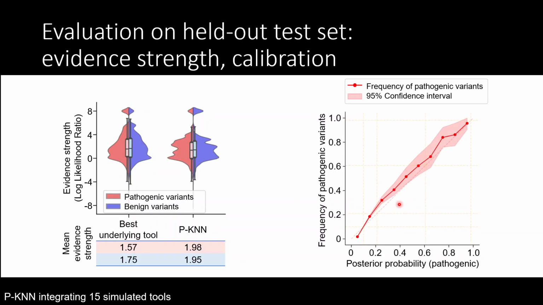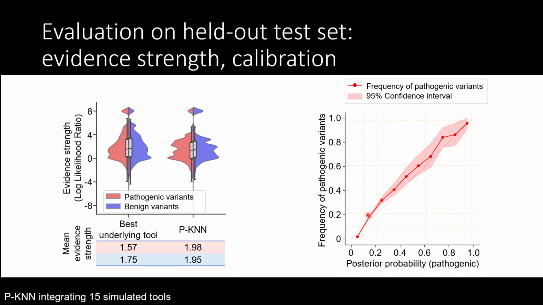The second parameter is, is the calibration of good quality? To evaluate this, we bin the posterior probability into 10 bins. Within each bin, we take the variants that fall in that posterior probability range and see what the frequency of pathogenic variants inside is. Ideally, we can see a line along the diagonal, which means it is perfectly calibrated.